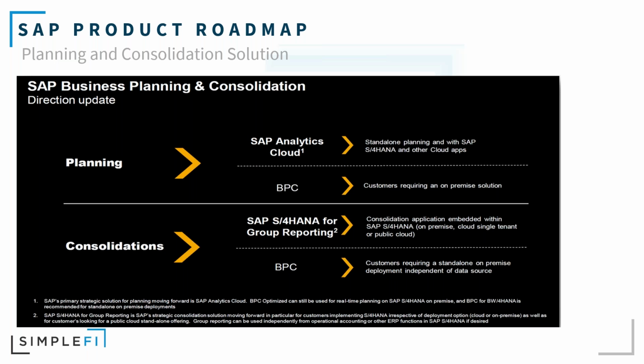If you're evaluating, some of our existing BPC customers have asked me, is it possible? Can we consolidate in SAC? I'll talk about that as well. We have done a number of SAC consolidation implementations to date already. At a high level, we understand directionally where SAP is going from a product perspective.